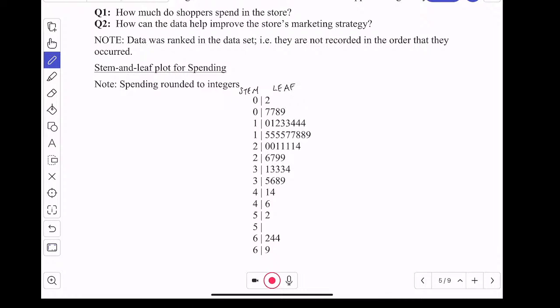And the reason why there are two digits is because the data in order is $2, $7, $7, $8, etc., all the way to 69. Now because the last one in the ordered data set has two digits, they all need to have two digits. So I put a 0 in front of the single digit numbers.